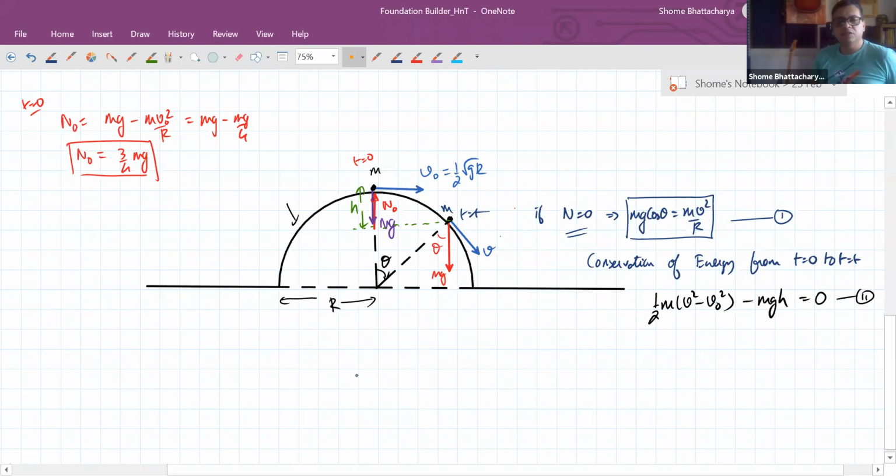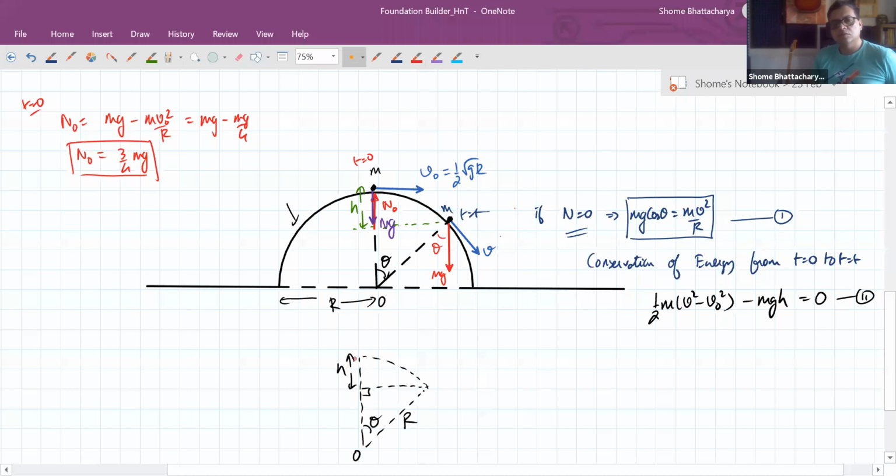Now from the diagram you can see that between these 2 points, this is our h, this point is O, this is r, this is theta.